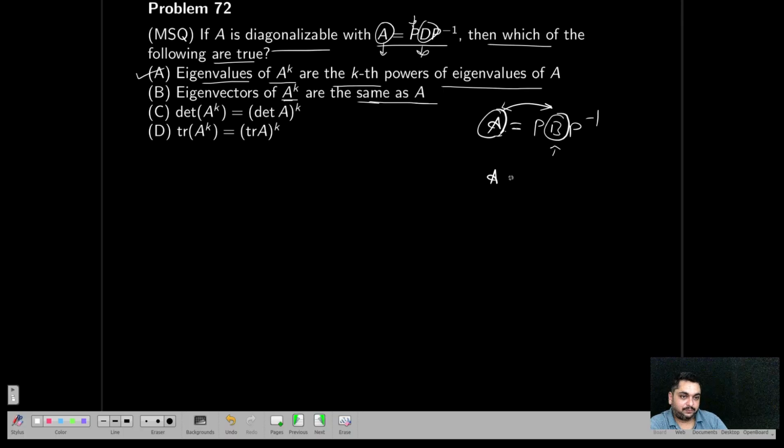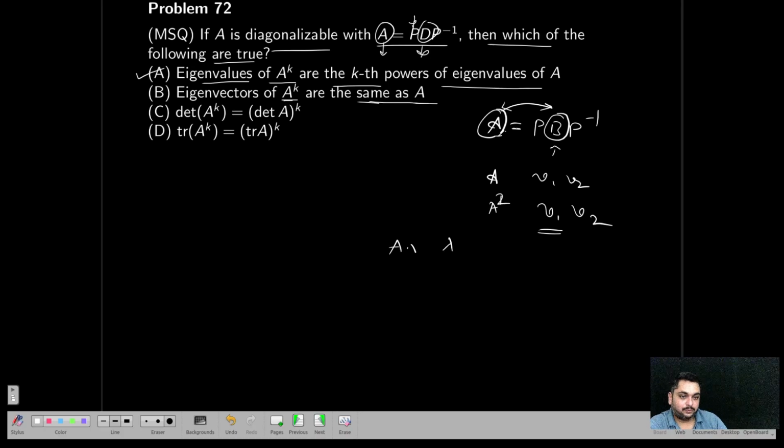We are talking about if A has some eigenvectors, say V1, V2, then A power k, for example A square, will also have the same eigenvectors. That is the meaning. Because how do you write it?